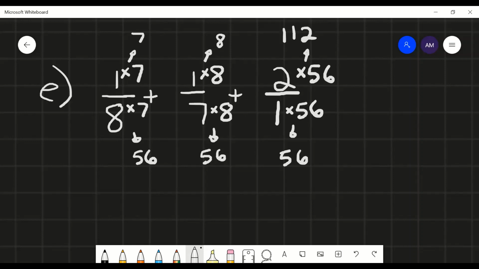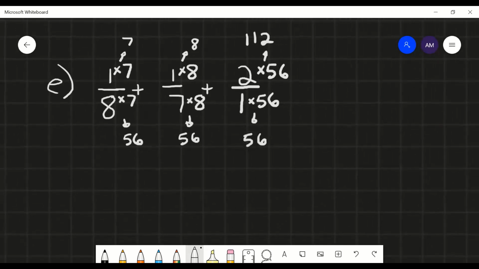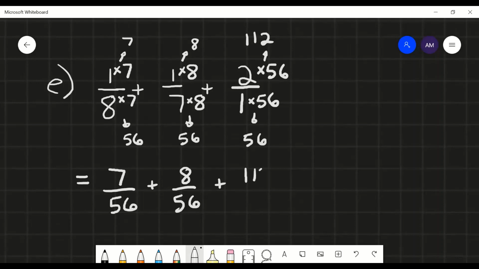So let's combine all of this. I'll write it a bit more simplified underneath. The numerator in the first fraction was 7. The denominator was 56, plus 8 over 56, plus 112 over 56.